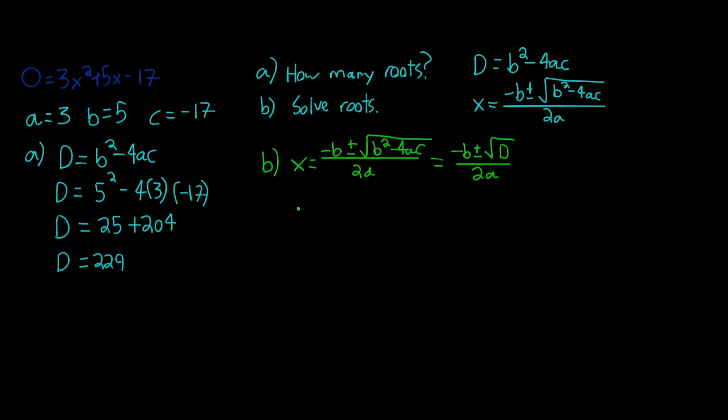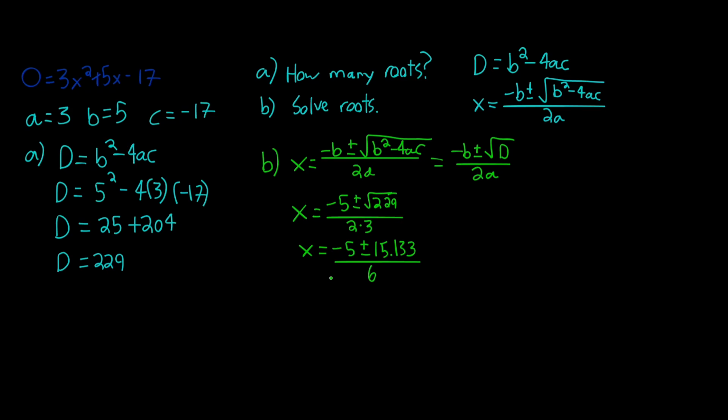So this gives me x is equal to negative 5 plus or minus the square root of 229 divided by 2 times 3, or x is equal to negative 5 plus or minus 15.133 divided by 6.